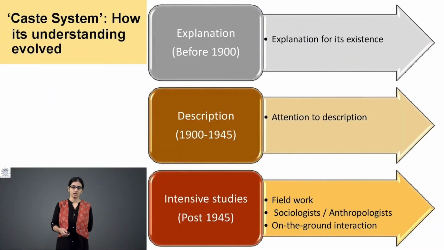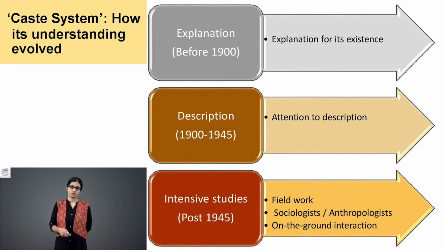The way in which knowledge of the caste system has evolved historically can be divided broadly into 3 periods. Before 1900, the focus was on finding an explanation for the caste system. Why is there a division into castes? What is the reason for the caste system and what has led to it, and so on and so forth.